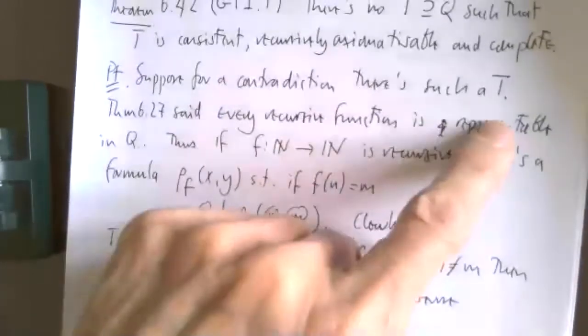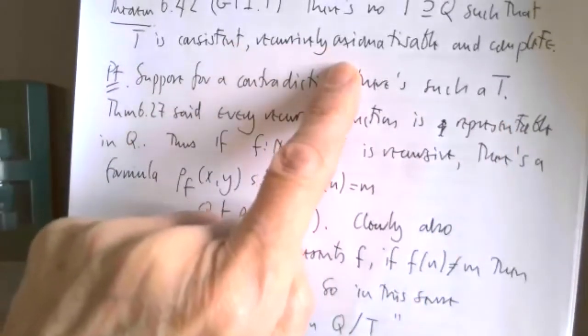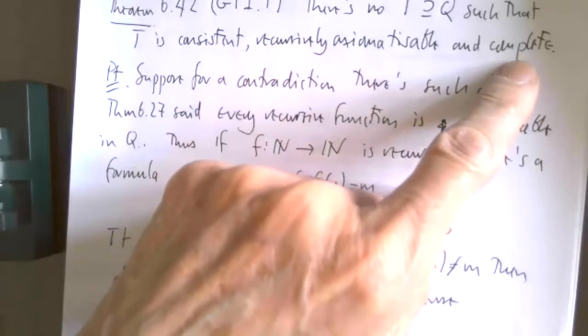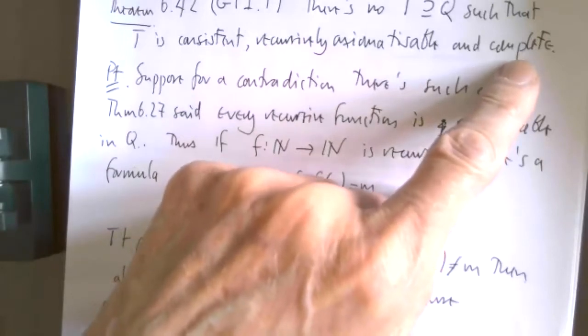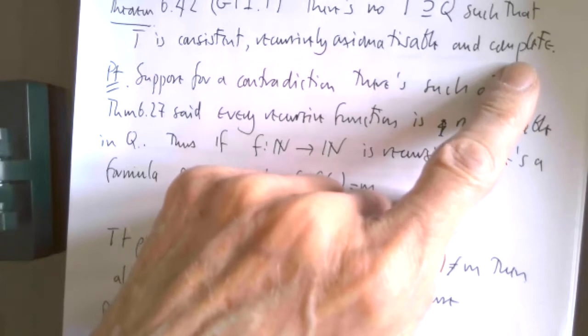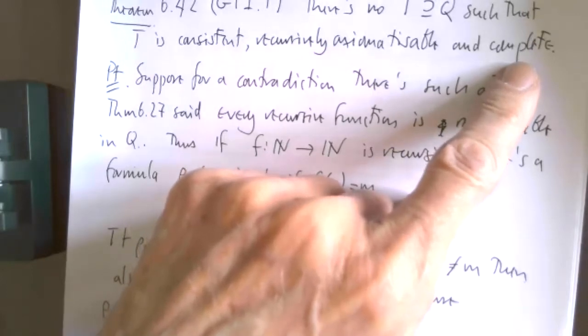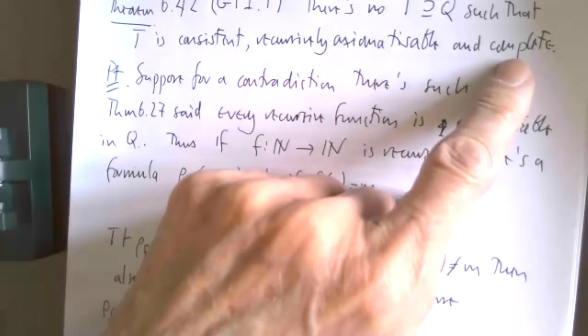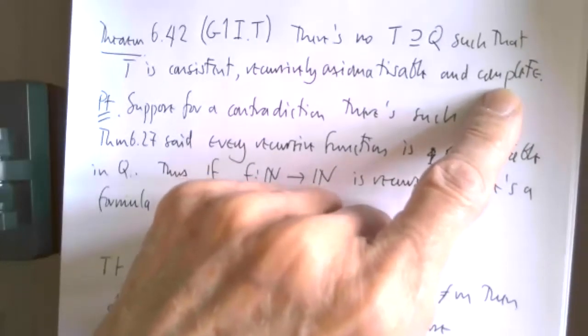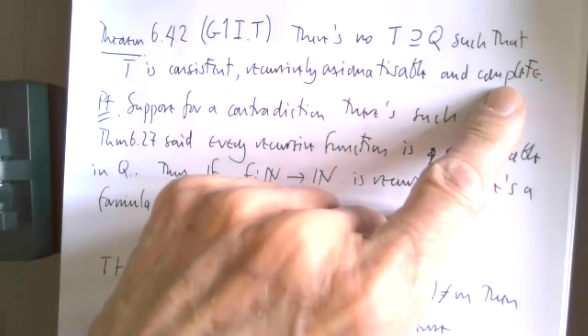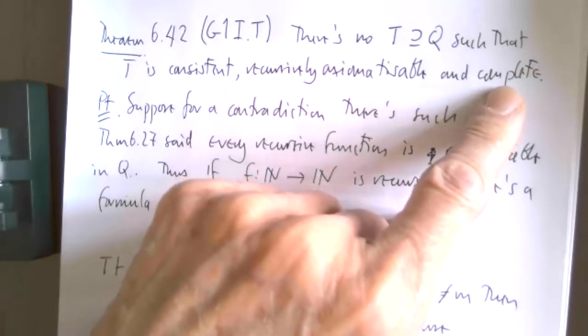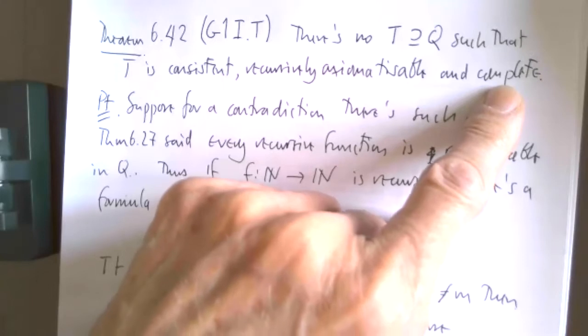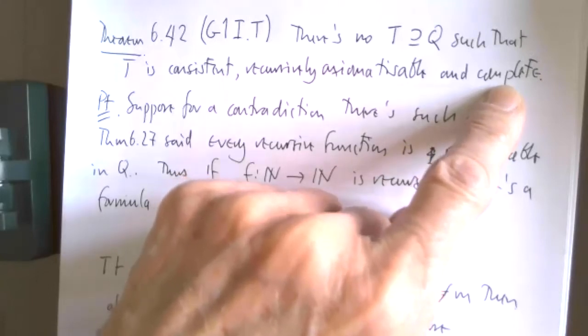Now we're assuming that there is a T that's consistent, recursively axiomatizable, and complete. So the last theorem that I was writing up on the board says, in fact, that there is an algorithm for checking of any particular code number of a formula, Gödel number of a formula, whether it's provable from T or not. It's completeness that allows us to do it. We run that search program, and we just wait until either sigma or not sigma pops out.